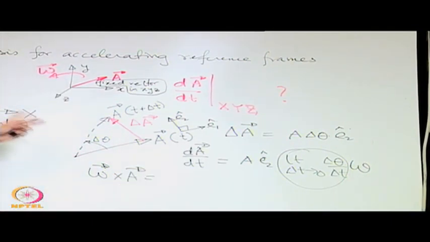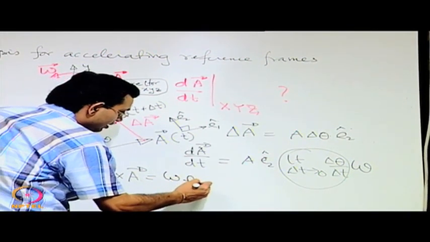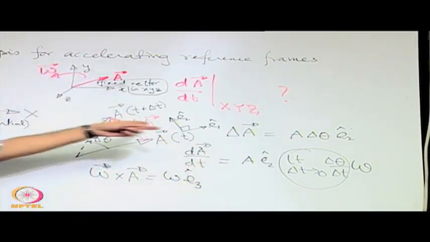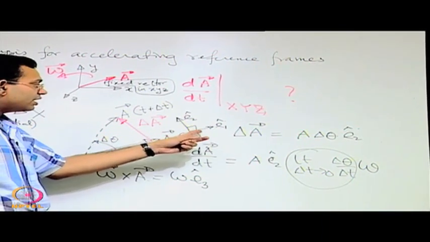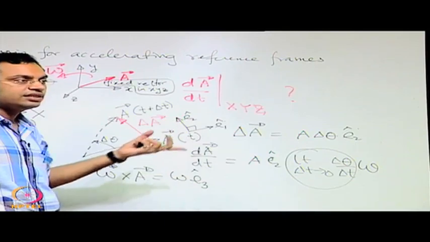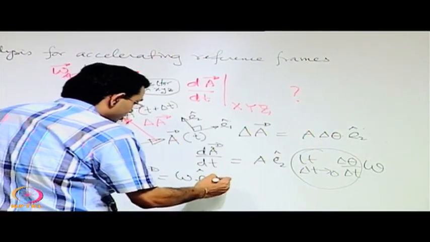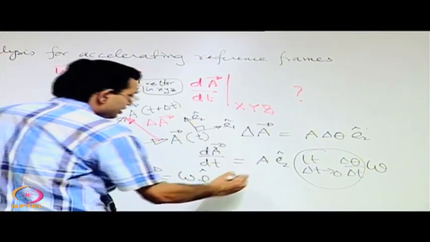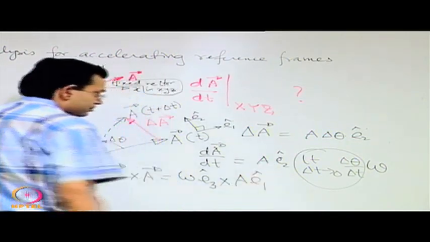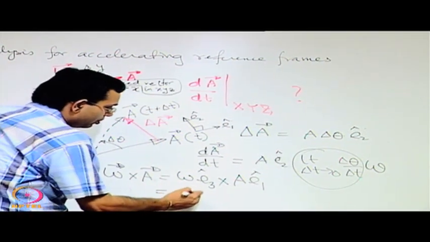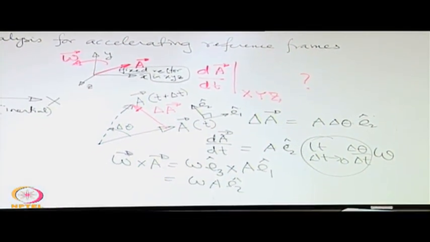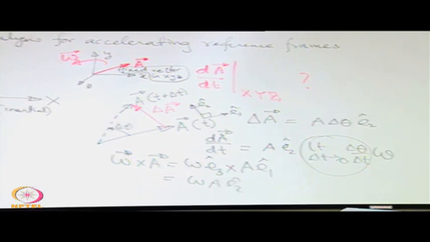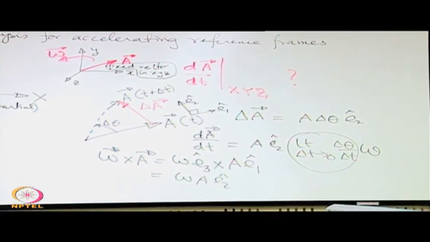What is the omega vector? It is omega scalar times a unit vector E3 which is perpendicular to the plane of the board. So, you may take E1 like x, E2 like y and E3 like z. Omega cross A is omega E3 cross A E1, so it is omega A E2. E1, E2, E3 form an orthogonal basis just like i, j, k.